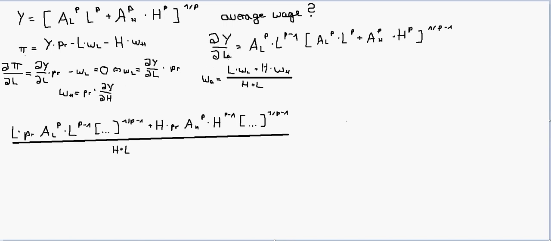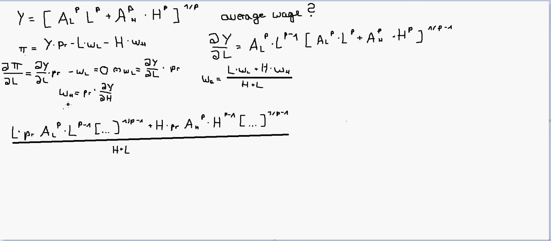What I already did in the last session, I showed what the partial derivative of Y with respect to L looks like. This is this function here. So I already prepared it. So we see that the average wage equals L times P_R. The L is this L here.